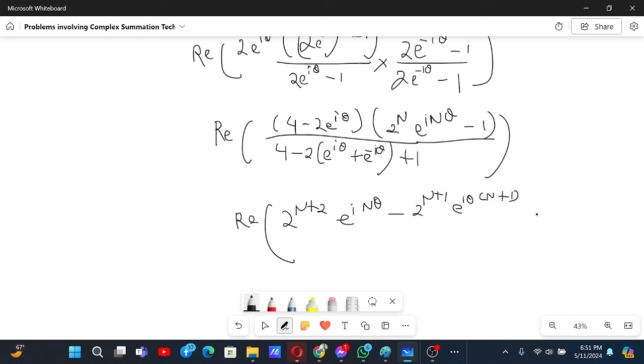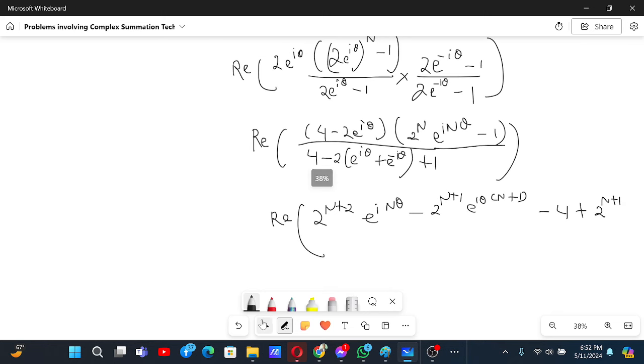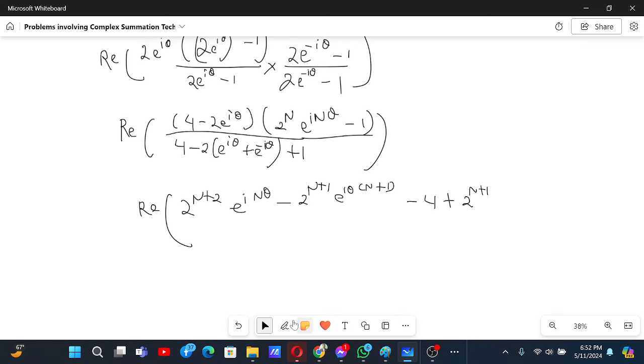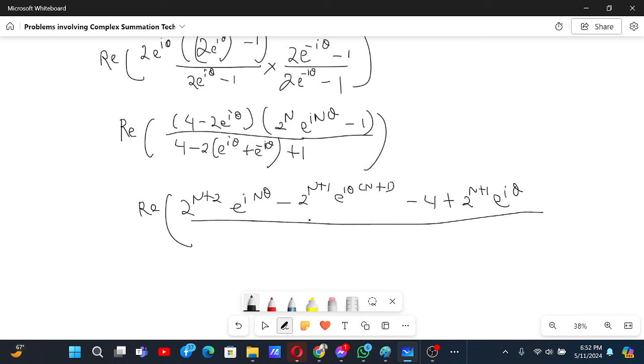Yes, and then minus 4, now plus 2 to the power n plus 1 again, so 2 to the power n plus 2 e to the power i n theta minus this one is n plus 1. Now minus 4 and this is plus 2 to the power n plus 1 e to the power i theta. Okay, e to the power i theta by over here 5 minus 2 times 2 cos theta.